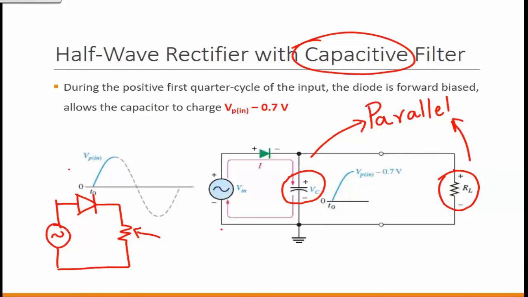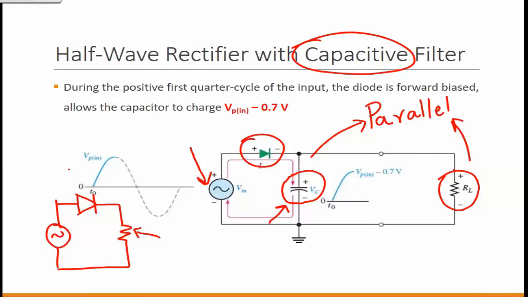So this is basically our source, this is the rectifier, this is the filter, that's our load, right? A filter is nothing more than a capacitor. Usually power supplies use a very big capacitor. The bigger the capacitor you go, the better the filtering action would be. The better filtering action means the lower the ripple would be.